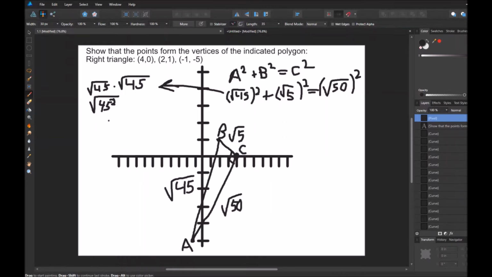So obviously because we multiplied 45 by itself here, this number would just be 45, if that makes any sense.